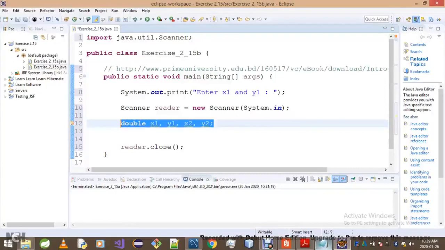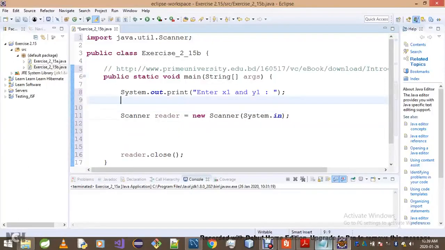Perhaps I should have put this at the top. Now it's time we initialize our x1 by going reader.nextDouble.